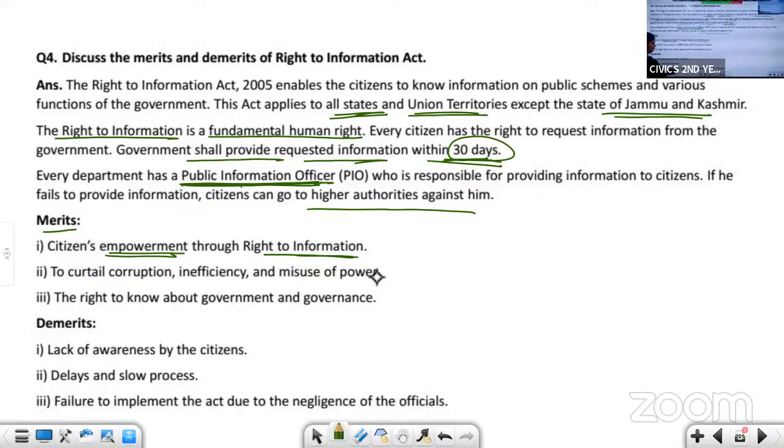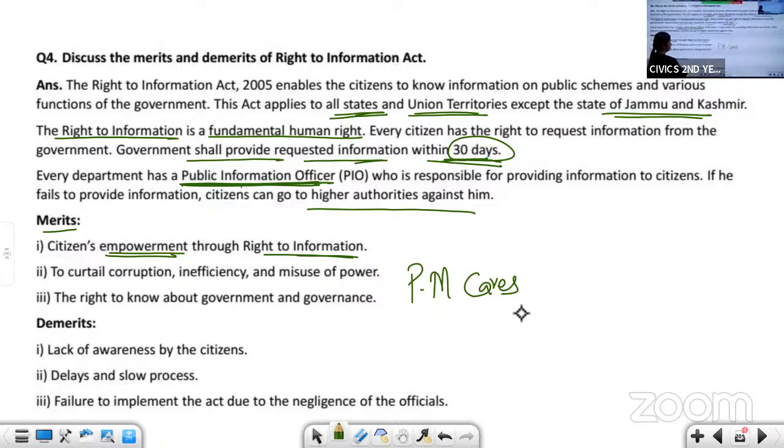For example, during COVID, Prime Minister Narendra Modi opened one charitable trust for helping the people suffering from COVID. PM Cares. So many people have donated money to this.